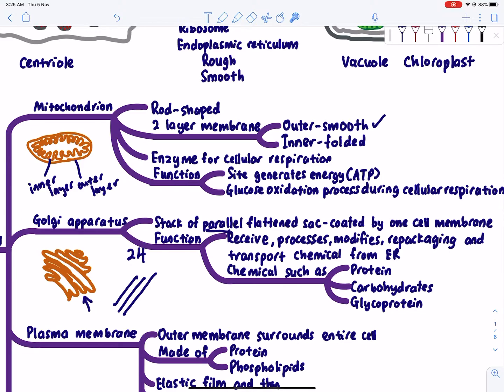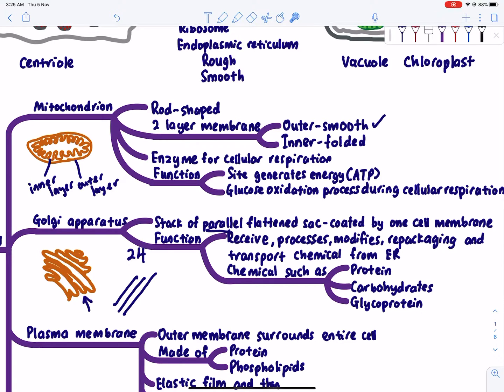Then they modify it, repackage it, and transport the chemical out from the Golgi apparatus so that it can move towards the target location, whether it is used inside the cell or exits the cell for the usage of another cell outside. That is the function.